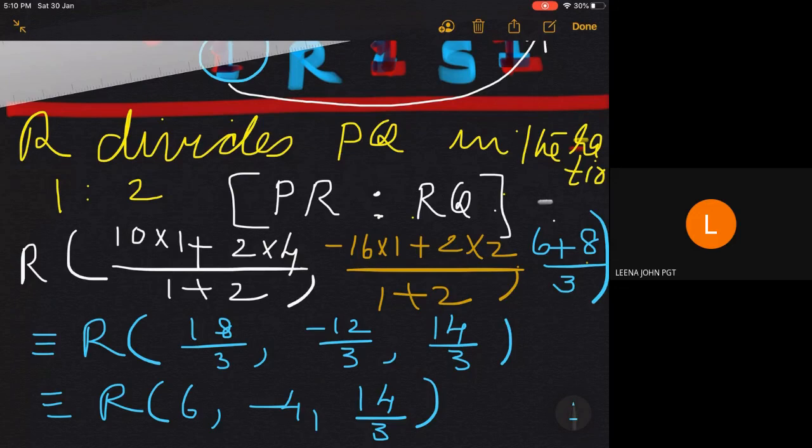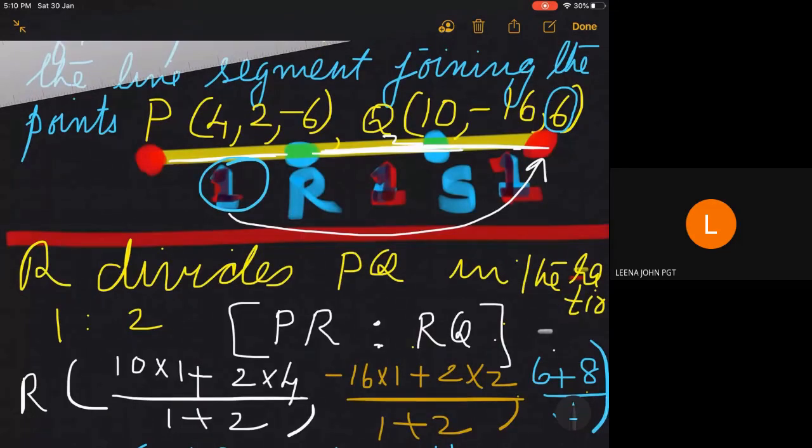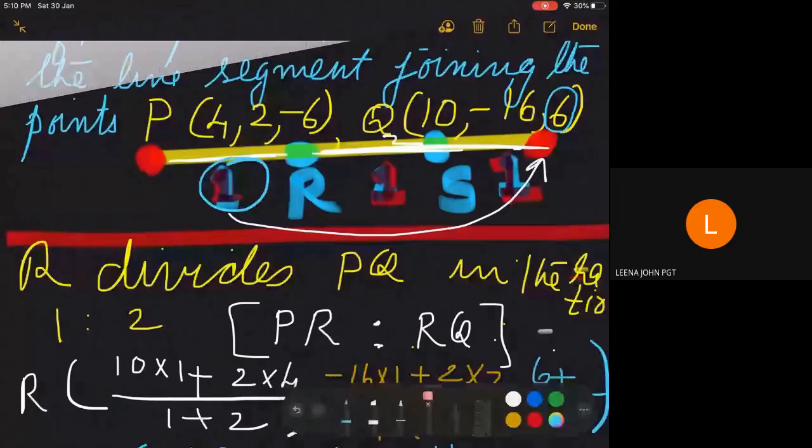So the last one is what? 6 into 1 plus 2 into minus 6. Once more you have to see where I have not written the points correctly. So here it is wrong. It is 2 into minus 6, that is minus 12.